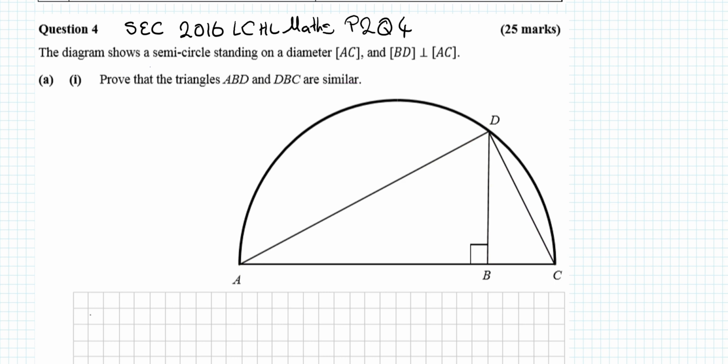I know that the angle ABD is equal to 90 degrees, given. And I know that the angle DBC is equal to 90 degrees.